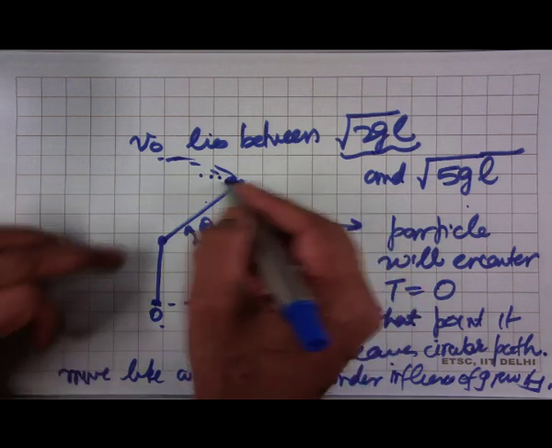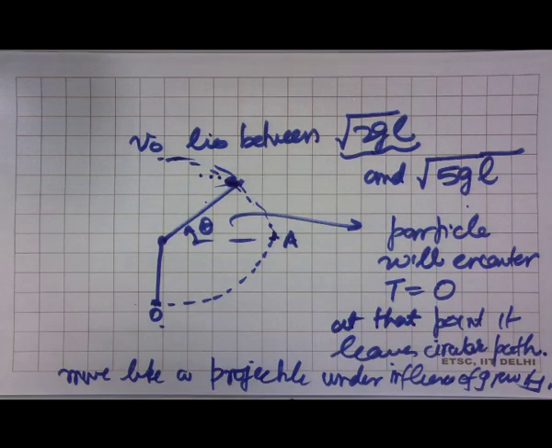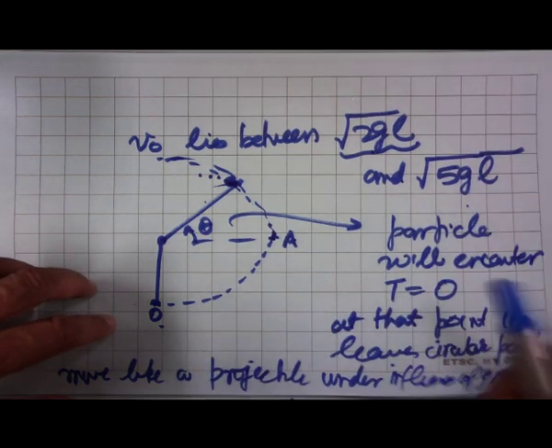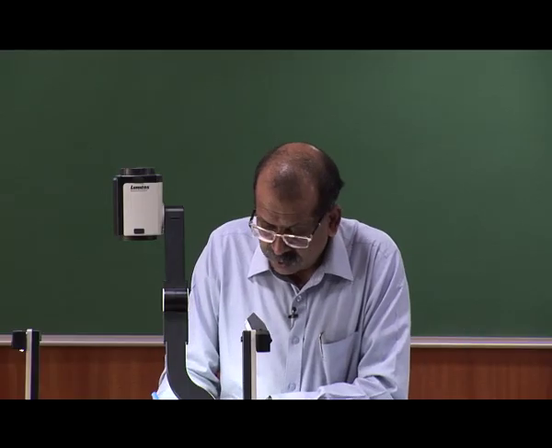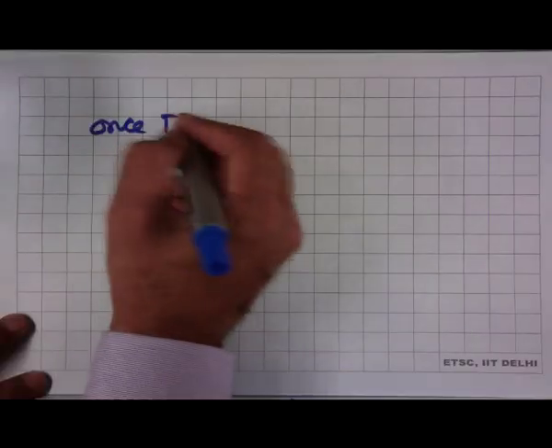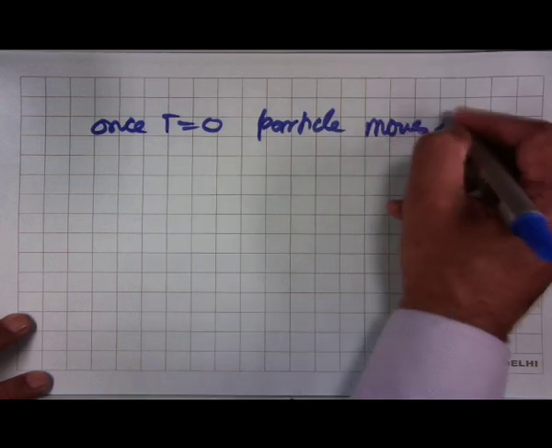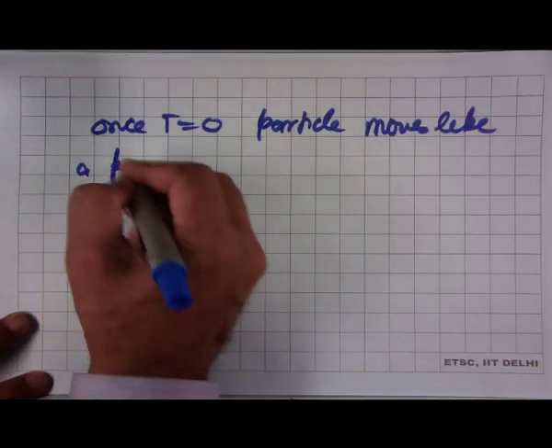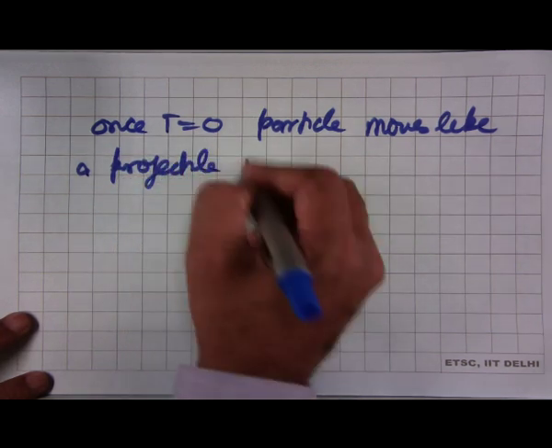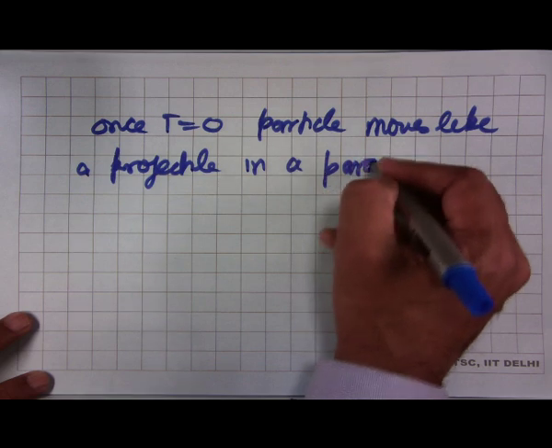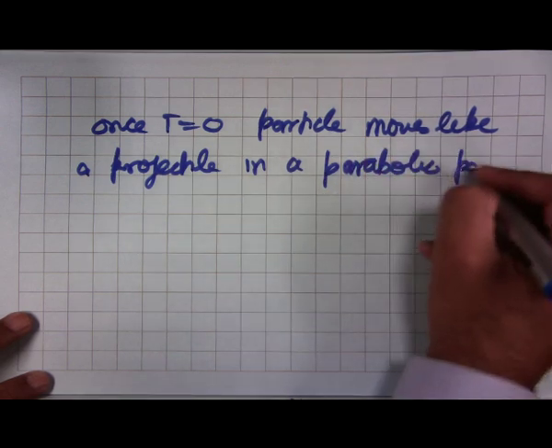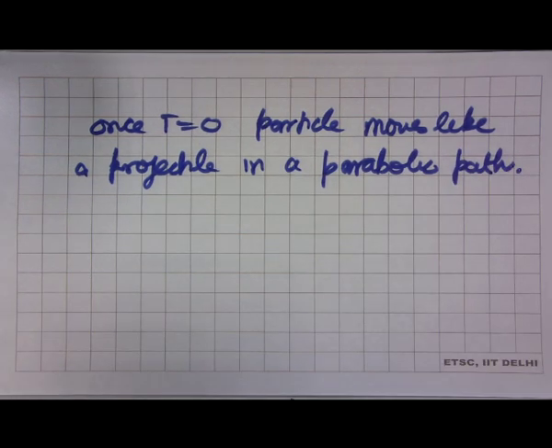So, once it leaves the circular path, it moves like a projectile in a parabolic path. So, this is how one can solve these problems.